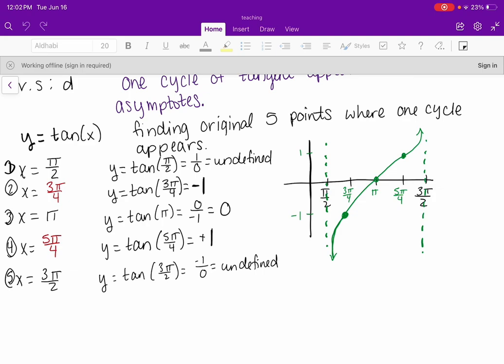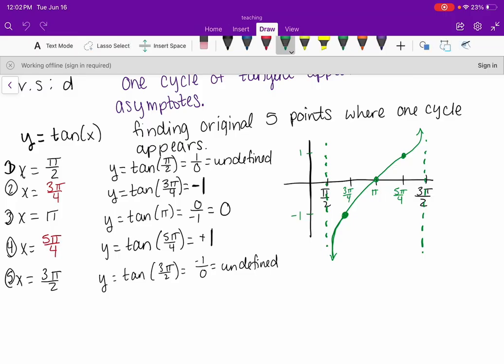If they maybe graph a different cycle, so like they may do the cycle that's between negative pi over 2 and pi over 2. So what happens here is your asymptotes are just repeating themselves over and over and over again. So if you want to do the graph in between there, it would still look the same, but those points would be the point 0.